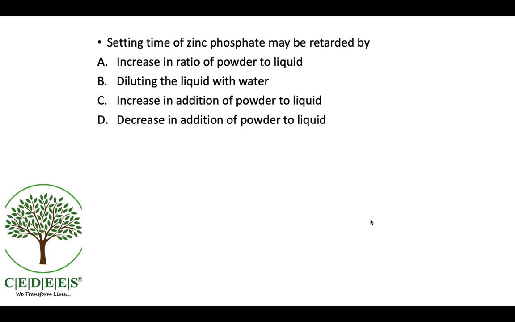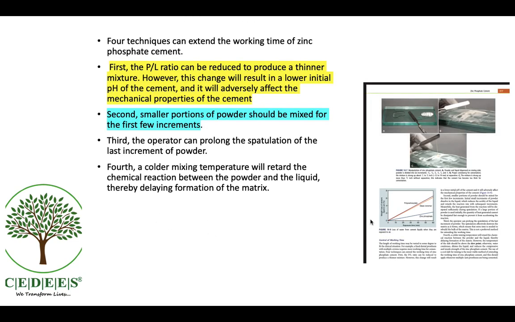Moving on to the next question, which says, setting time of zinc phosphate may be retarded by, and these are the four options. Now let's understand the concept first. Four techniques can extend the working time of zinc phosphate cement. Now the picture on the right side here is a direct picture from Phillips Anusavis, page number 370.